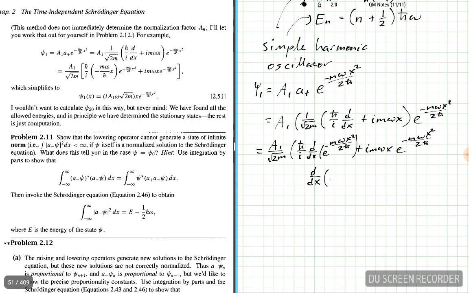So the derivative with respect to x is going to be the derivative of the inside, that is 2x, which cancels, so 2x m omega over 2 h bar times negative, and then times the derivative of the outside, and the derivative of e to the x is e to the x.